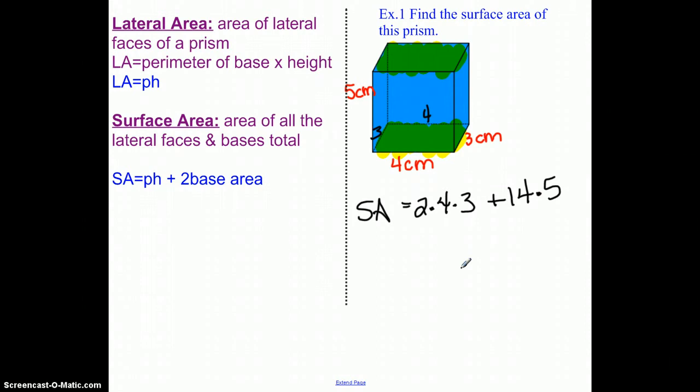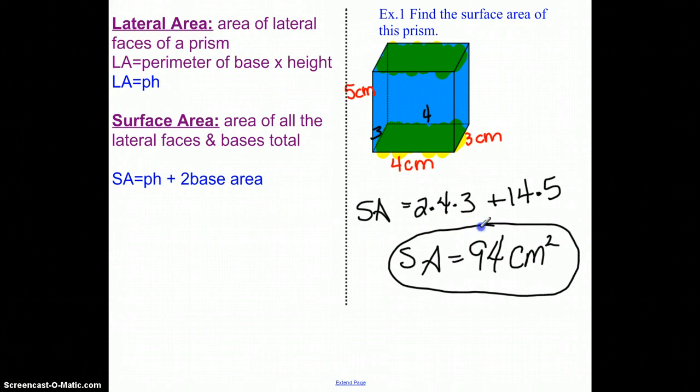If I went through now and started to multiply and add my stuff together, I'm going to end up with a surface area of 94, and this has to be centimeters squared because it's area.